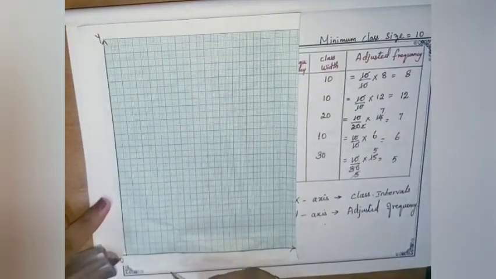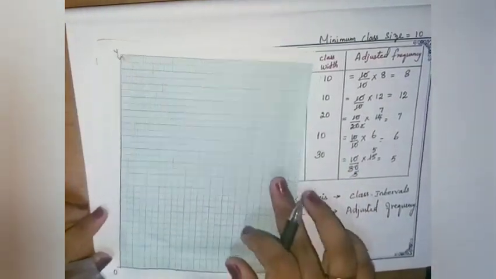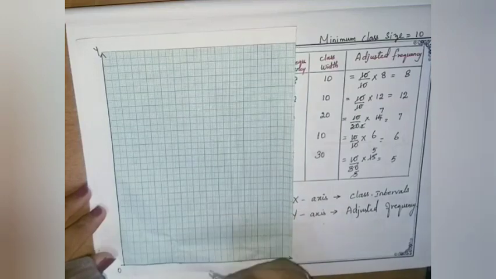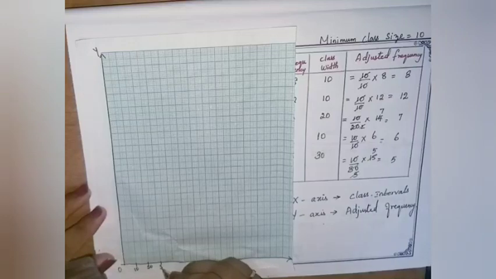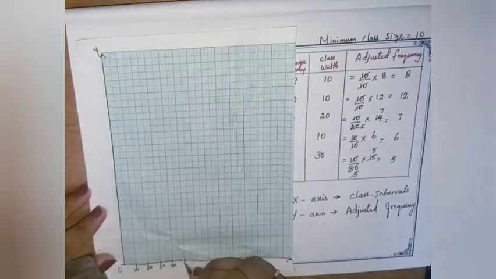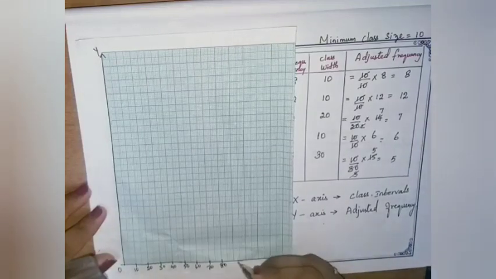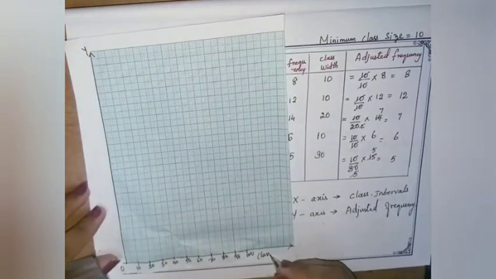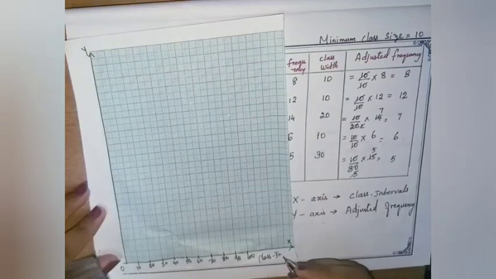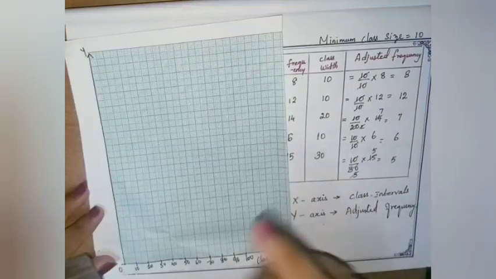X-axis, y-axis, this is the origin. We'll take the x-axis as class interval, that is 10, 20, 30, all in tens. Here 10, 20, 30, 40, 50, 60, 70, 80, 90 and 100. In the y-axis, we are taking the adjusted frequency.